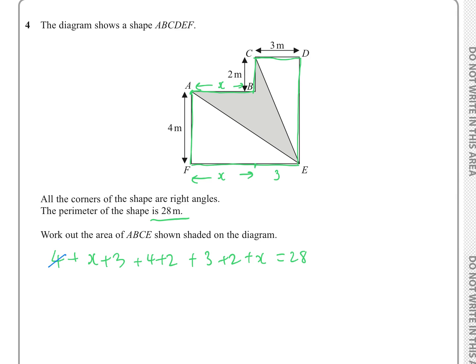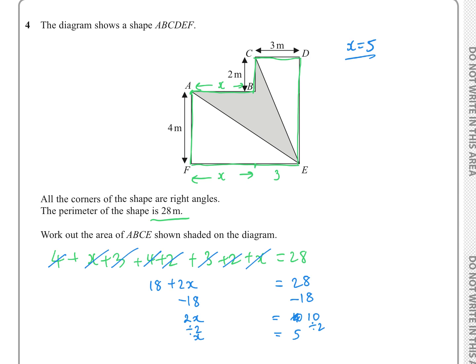So we've got 4, 8, 10, 16, 18 plus 2x equals 28. So we're going to take 18 from both sides, and that's going to leave us with 2x equals 10. So that means x is going to be 5 after we've divided both sides by 2. So we know that x equals 5.